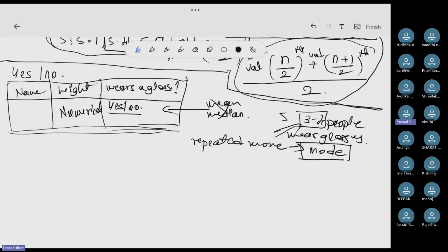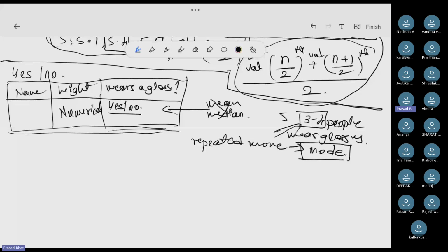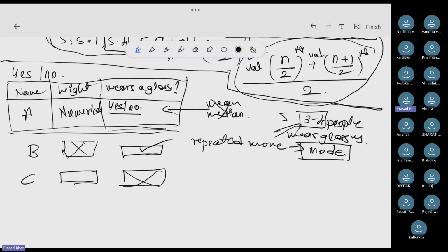Then, upon inspecting the data, you found out that for some students, certain features are missing. For example, for student A, I have everything. Student B has the height value missing. For student C, I have the height value, no issues, but I don't have the value for his eyesight related feature. May be possible, right?